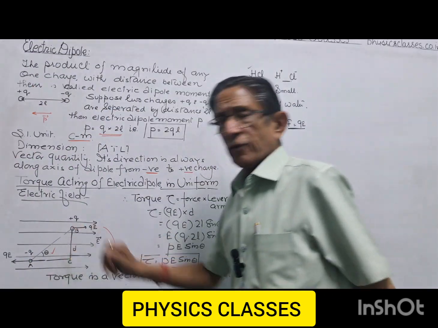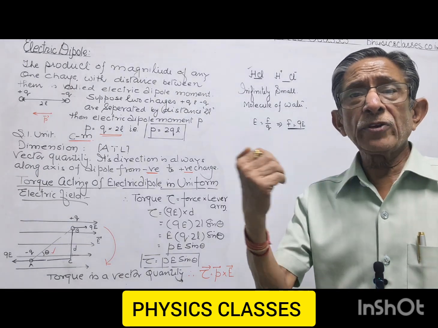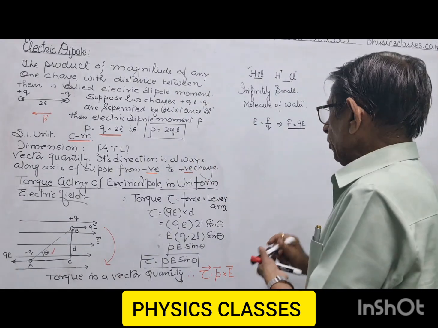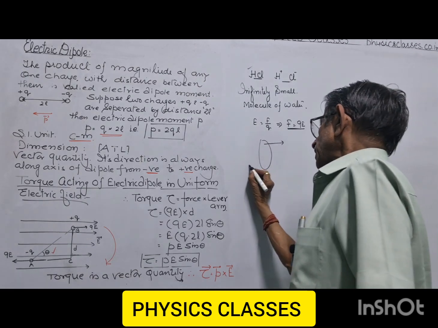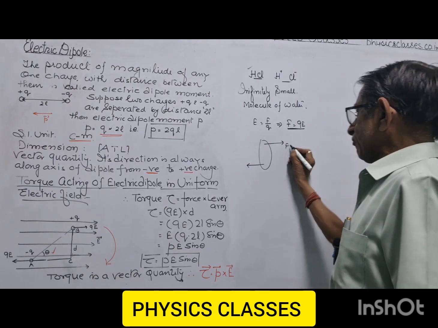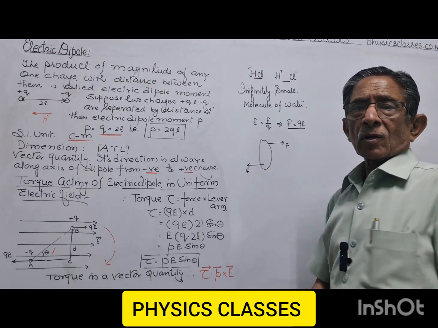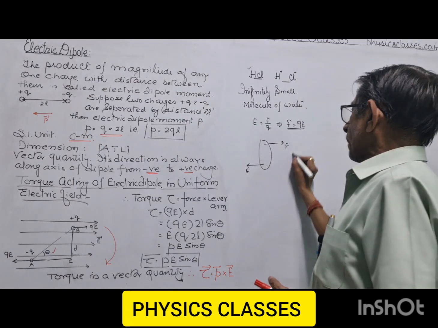Students, these two forces are equal in magnitude but opposite in direction. Suppose this is a body. One force is acting in this direction and one force is acting in this direction. These two forces are equal but opposite in direction. Then it is called couple.